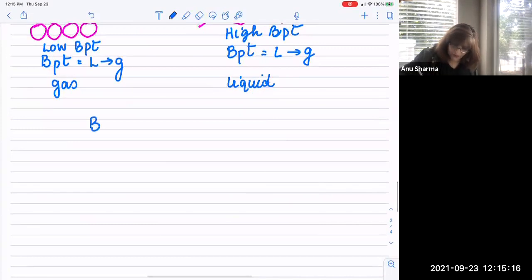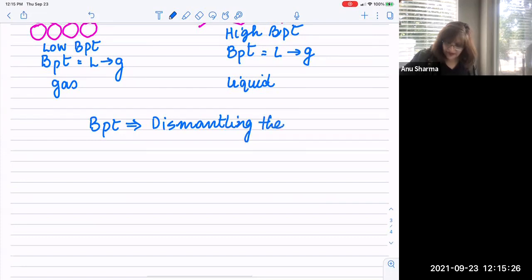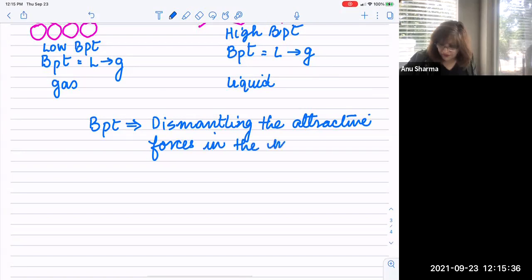So when we talk about the boiling point, yes, we are talking about dismantling the attractive forces in the molecules.